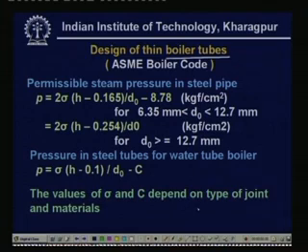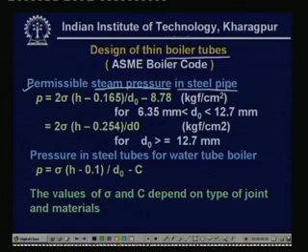In that code all sorts of data are given. These are updated from time to time, but what we see here is representative permissible steam pressure in steel pipe. Now, in boilers there may be steam or maybe water tubes, and the tubes may be steel or wrought iron, etc.